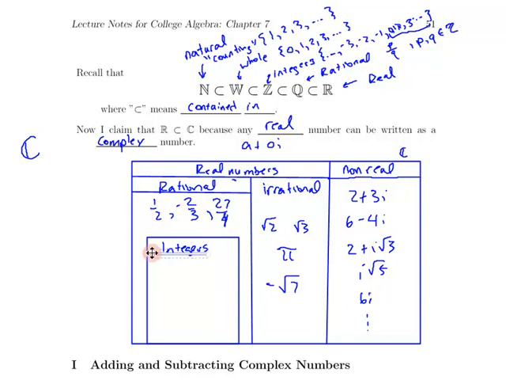Inside the integer set, you have things like negative 3, negative 2, negative 1, but inside there you have the whole numbers, which include the number 0, and inside there you also have, finally, the counting numbers: one, two, three. So notice how each set gets bigger the further on you go until you get to the biggest set, which is everything complex.